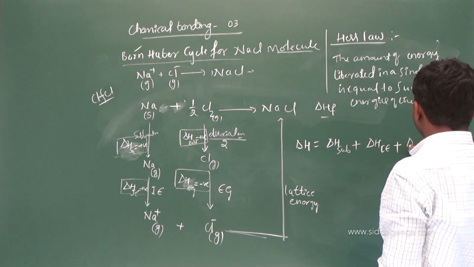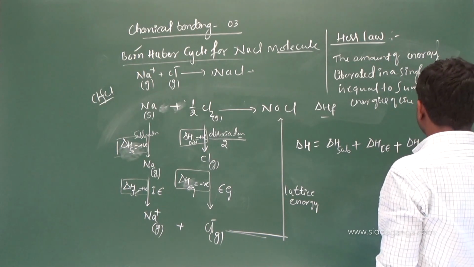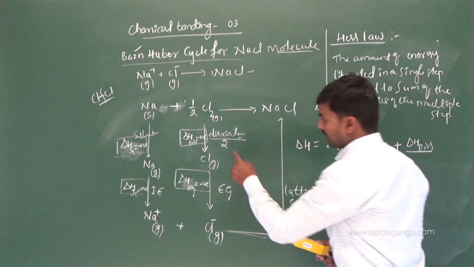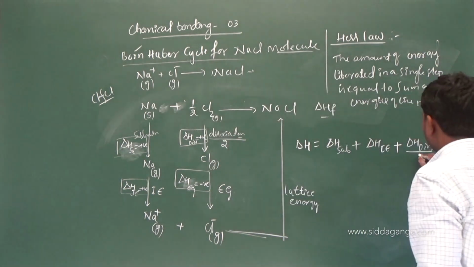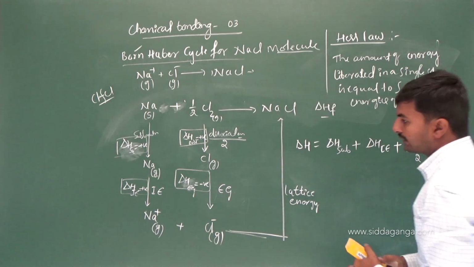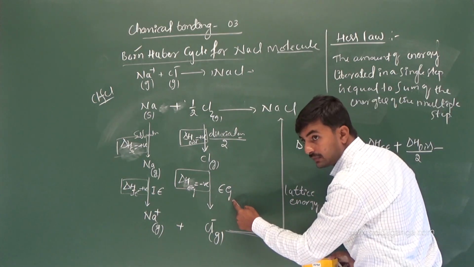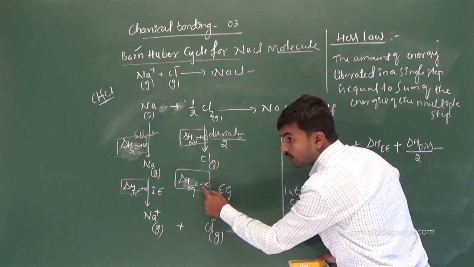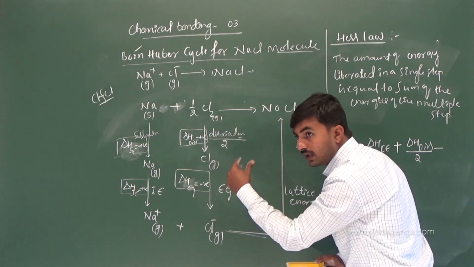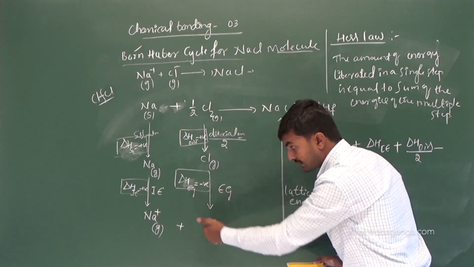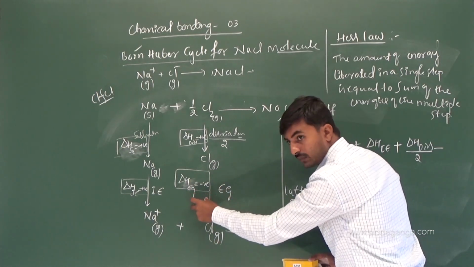Third one, delta H dissociation energy, but this dissociation energy is divided by 2, followed by electron gain enthalpy, where its sign is negative because it is an exothermic reaction. After the addition of an electron, energy is released during this reaction.